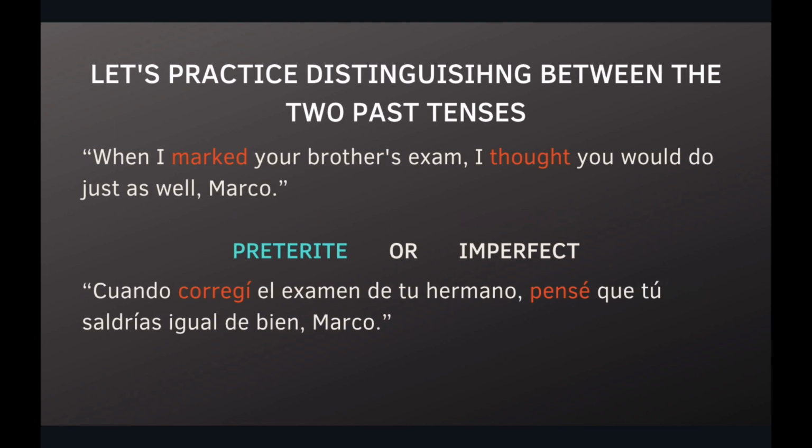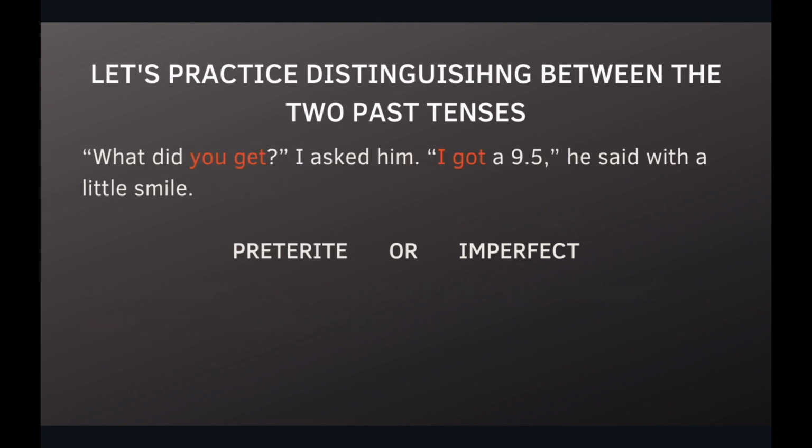We have those typical accent marks, corregí, pensé. Remember that we'll typically see that in the preterite tense. And why is it preterite? Well, the teacher marked the exam. It's an event that's over and done. This is what she thought in that moment. We're using the preterite.